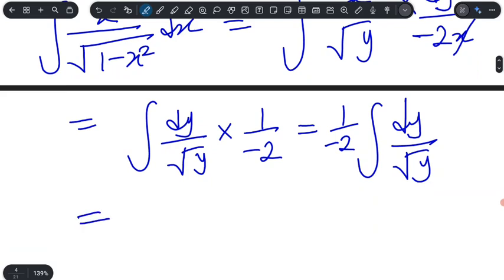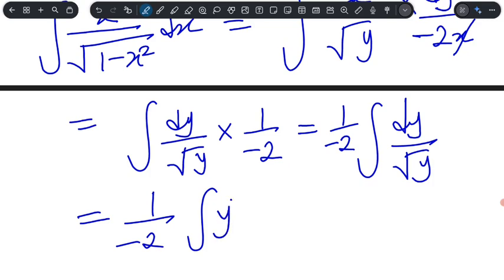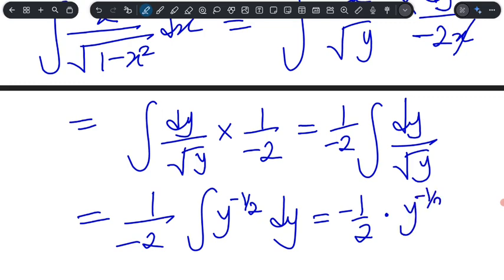In integrating the reciprocal of the square root of y, we have 1 over minus 2 times the integral of y to the power minus half dy, which will be minus 1 over 2 times y to the power of minus half plus 1, divided by minus half plus 1.